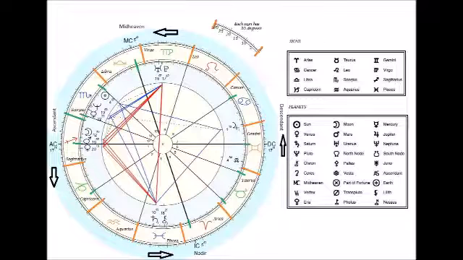That is referring to aspects, which are significant distances between planets. The reason why we call it trine is that it does create these triangles, but it's also showing that when planets are in the same element, they work well together. They're supportive, there's a flow.